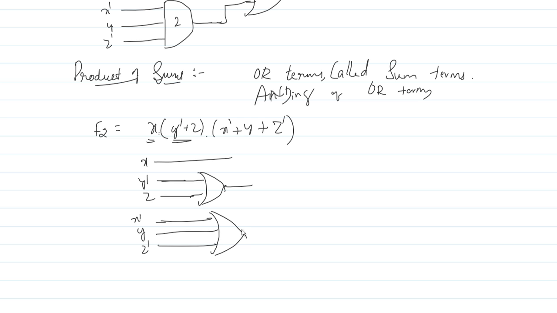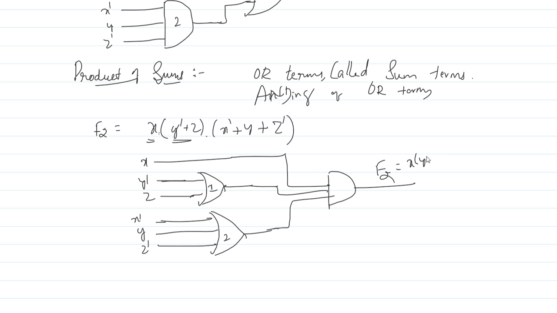Here we have a total of three inputs to give to the AND gate. Two are from the outputs of the two OR gates, that is 1 and 2, and one is from the x input. So we have to give these three inputs to the AND gate. You will get the result as the function f2. Here f2 is x into y prime plus z into x prime plus y plus z prime. This is how you can construct the logic diagram for the given product of sums.